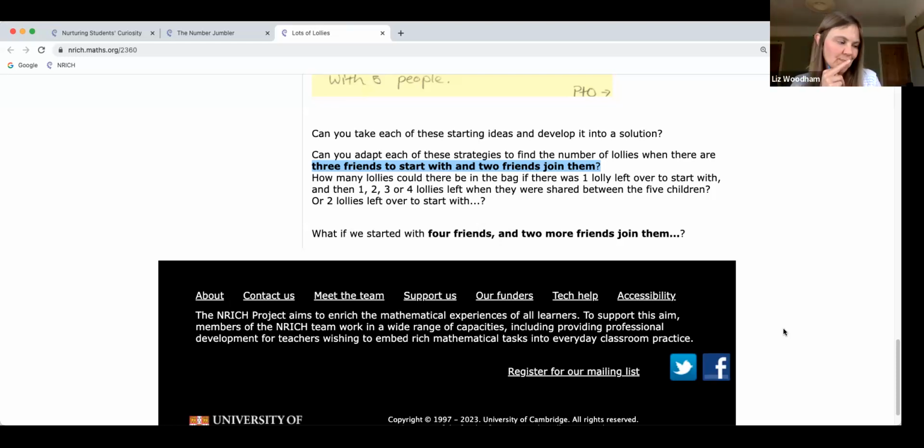Okay. Well, how many lollies could they have if there was 1 left over to start with, and then when they were the bigger group, there were 2 left over? Okay, let's have a think about that.